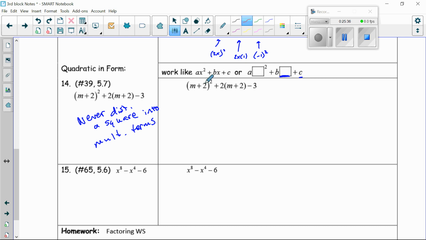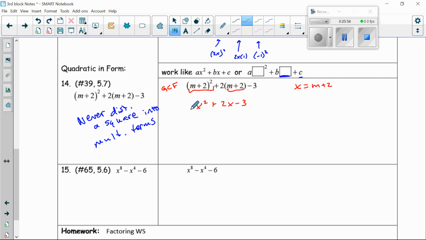For here though, we could, because if you see this GCF is m plus 2, we can take that out. The m plus 2, let's just call it x. This is a method that in calculus they'll call U substitution. So x squared plus 2x minus 3.